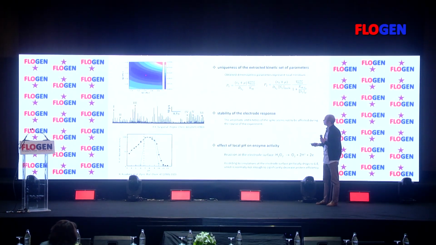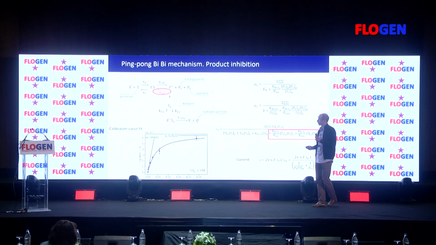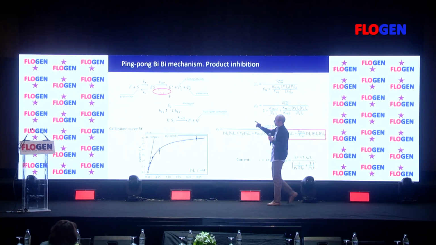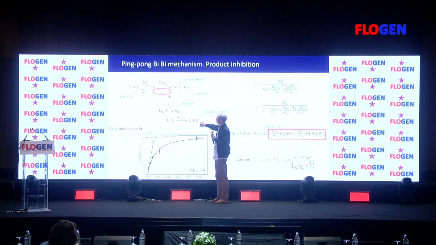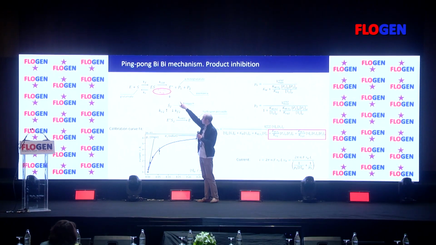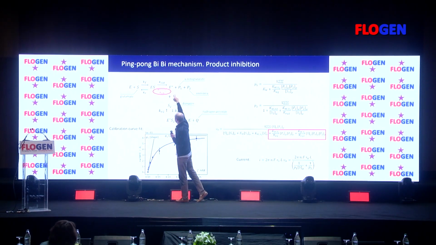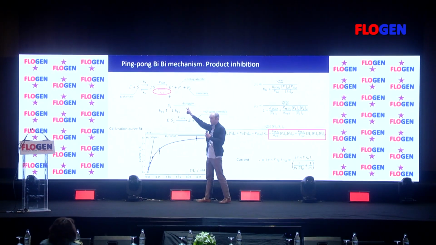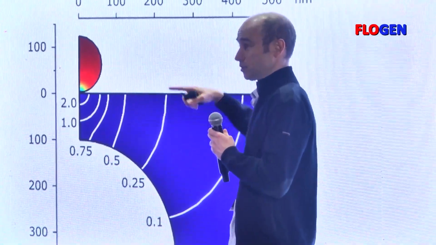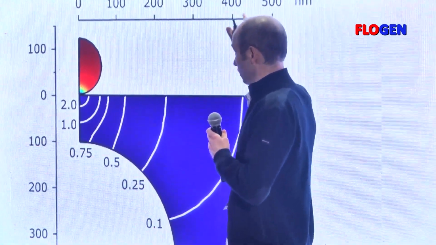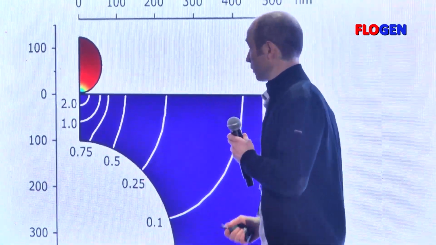It took us some time to realize the problem, but the point is that the mechanism which I discussed above is generally written such that the step with the creation of the intermediate product and intermediate enzyme is a reversible one. And it's crucial that this step should be reversible.